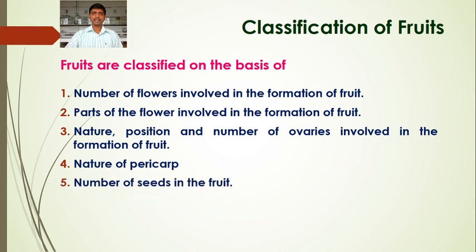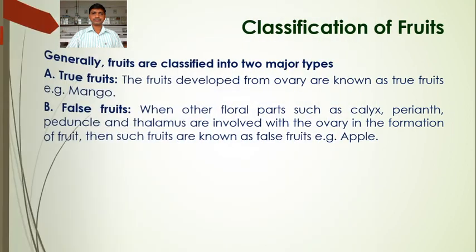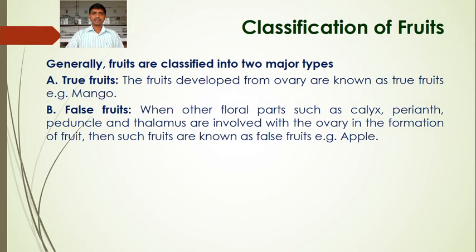Number of seeds in the fruit, how many seeds are present, is another criterion. Then the mode of dehiscence of the fruit. The classification of the fruit in detail we are going to study in the next lecture.